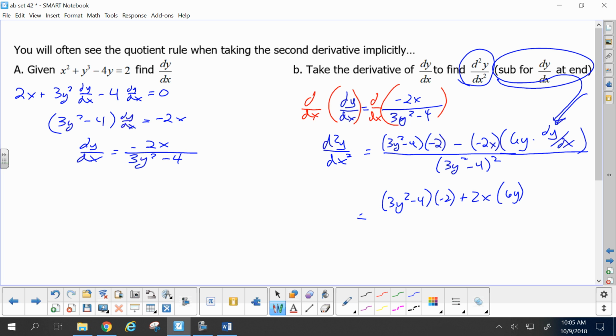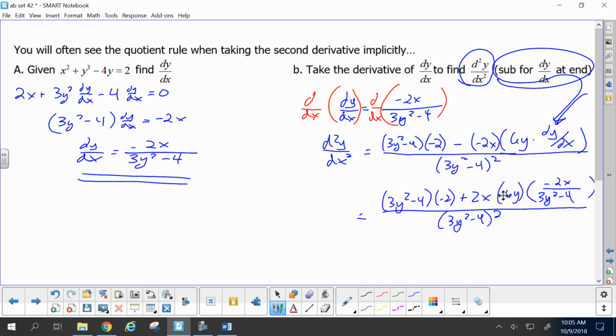Times 6y, but in place of dy dx, I substitute in what? Yeah, that. Negative 2x over 3y squared minus 4, all over 3y squared minus 4 quantity squared.